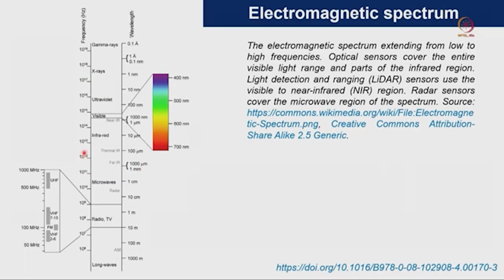You can see the frequency of this wave. Infrared belongs to 1 millimeter to almost 1 micrometer, and after that the visible light comes. As I mentioned, it lies between 400 nanometers and 750 nanometers. After that comes UV, the ultraviolet ray.